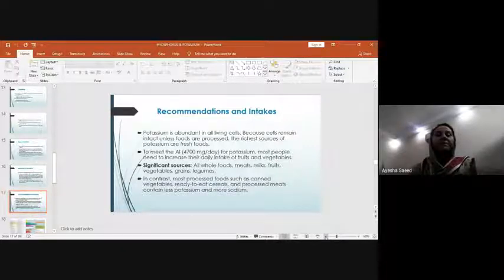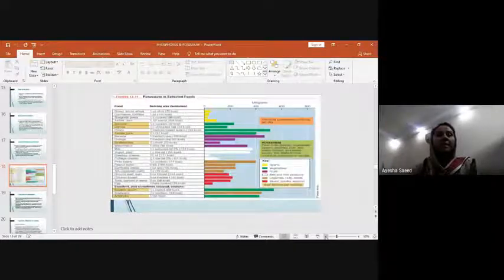Significant sources are all the fresh foods, meats, milk, fruits, vegetables, grains, and legumes. In contrast, most processed foods such as canned vegetables, ready to eat cereals, and processed meats contain less potassium and more sodium. This chart over here describes the rich and excellent sources of potassium.